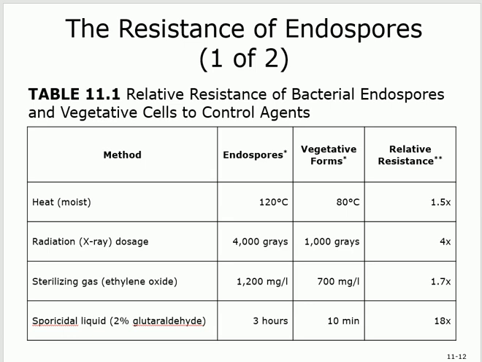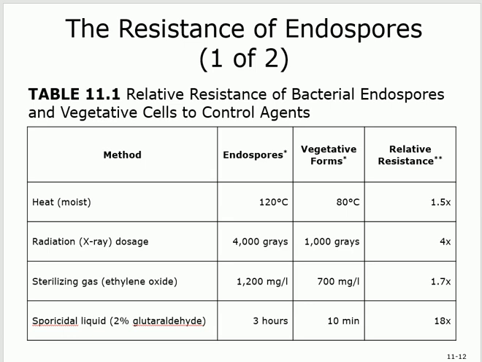Even if you go to 100, 110, the point that you start to kill the endospores is 120 or above. Is that clear? So you have to remember this number, the magic number. What's the magic number? Above 120.